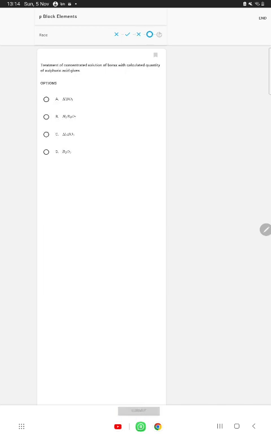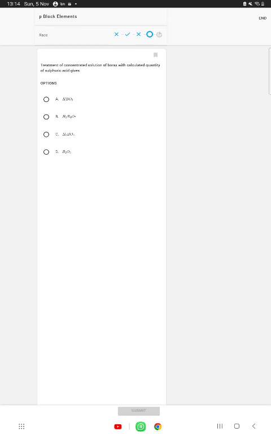Treatment of concentrated solution of borax with calculated quantity of sulfuric acid gives. Treatment of concentrated solution of borax with calculated quantity of sulfuric acid.